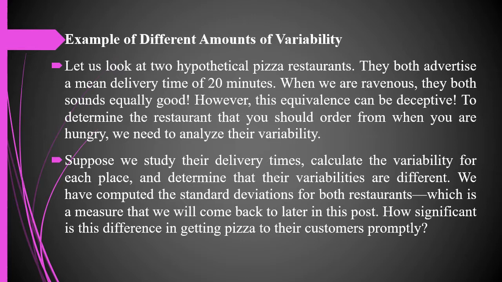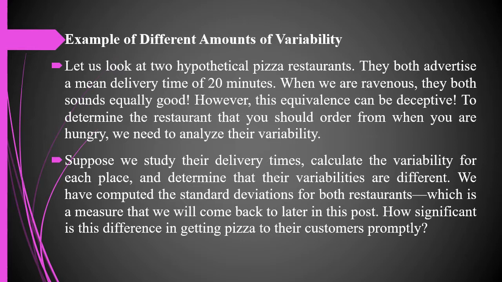Example of different amounts of variability. Let us look at two hypothetical pizza restaurants. They both advertise a mean delivery time of 20 minutes, and we are ravenous. They both sound equally good. However, this equivalence can be deceptive.